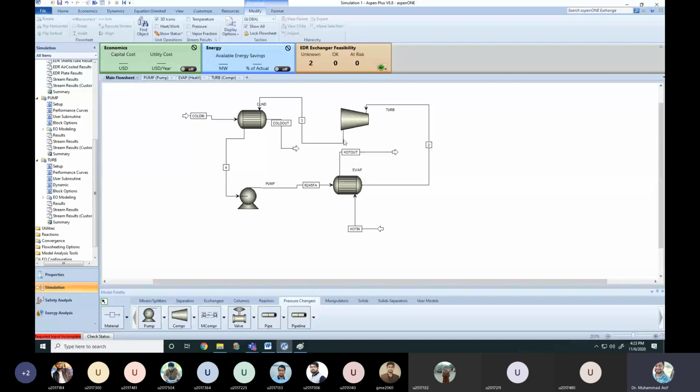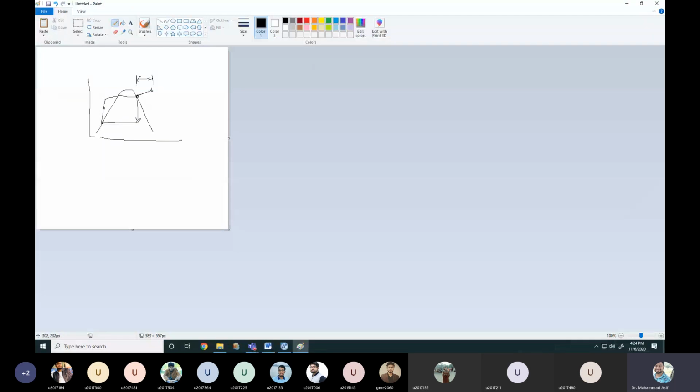And then after the turbine, it will go into the condenser. What we want at the outlet of the condenser, as I showed you here, is that it should be purely in the subcooled region. This is a saturated liquid, I mean pure subcooled region.